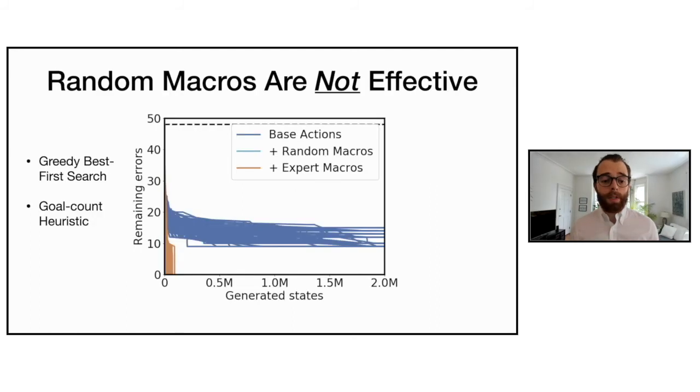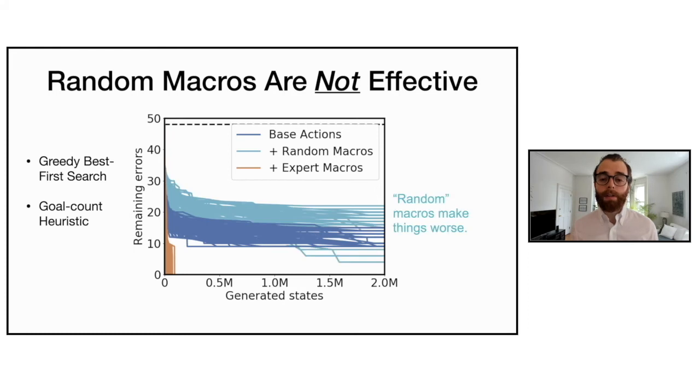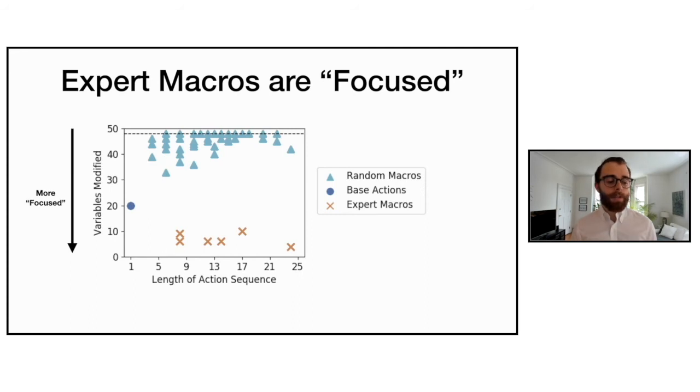We can also visualize the cost of planning with the random macros, and we find that they're not very effective. They actually make things worse. Whereas the expert macros made planning more efficient, the random macros seem to make planning less efficient. And so this meshes with our hypothesis that the more focused the macro actions, maybe the better time we're going to have with planning with the goal count heuristic.